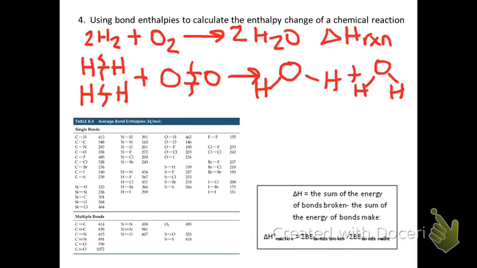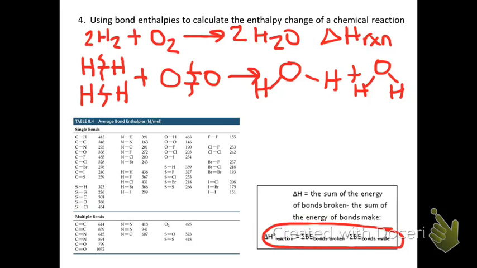And so we already said that in order to break a chemical bond, it requires a certain amount of energy. And then if we make bonds, it releases energy. So in order to find the delta H for this reaction, here's the equation down here at the bottom: we have to take the sum of the bond energies for the bonds that are broken and subtract from that the sum of the bond energies for the bonds made.